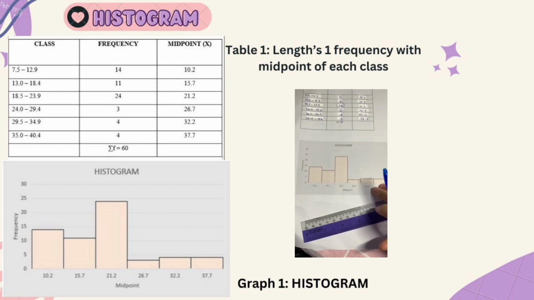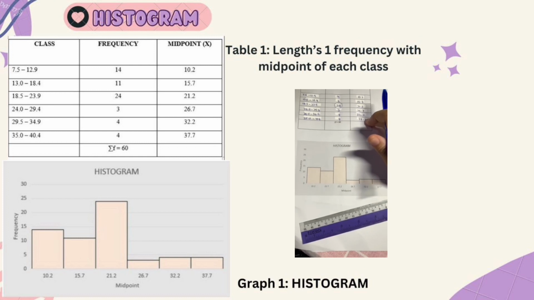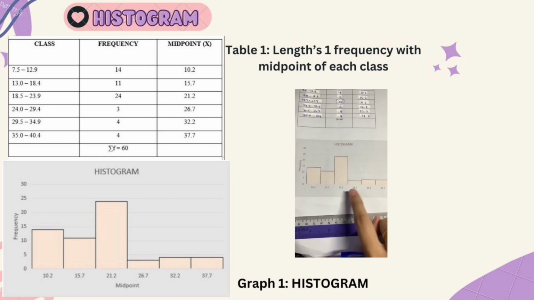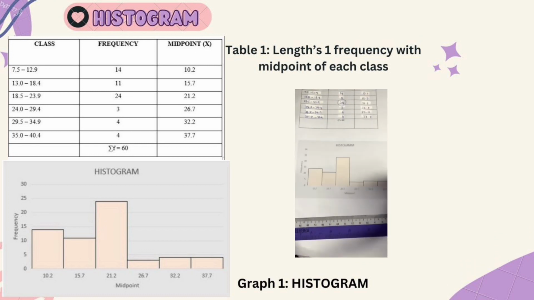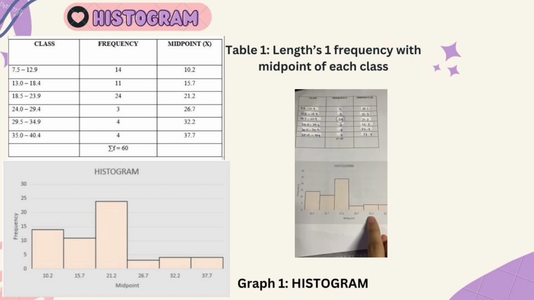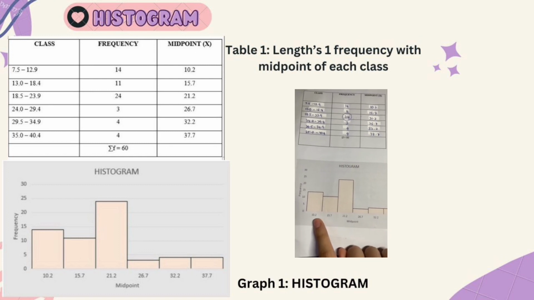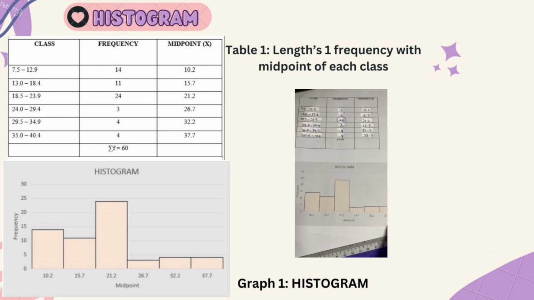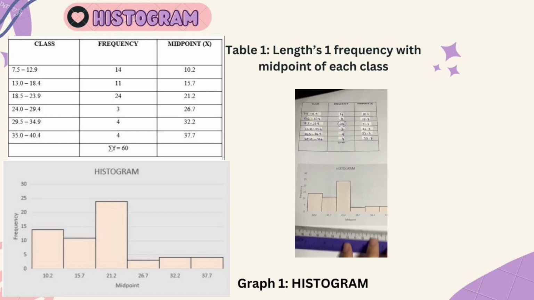We can draw the histogram using the previous data that we calculated as well. The horizontal scale represents midpoint, meanwhile the vertical scale represents frequency. From the histogram, we can see that the x-axis is labelled with midpoint, and the graph starts at the first class with 10.2, where the frequency is 40, and ends with the last class, 37.7, where the frequency is 4.